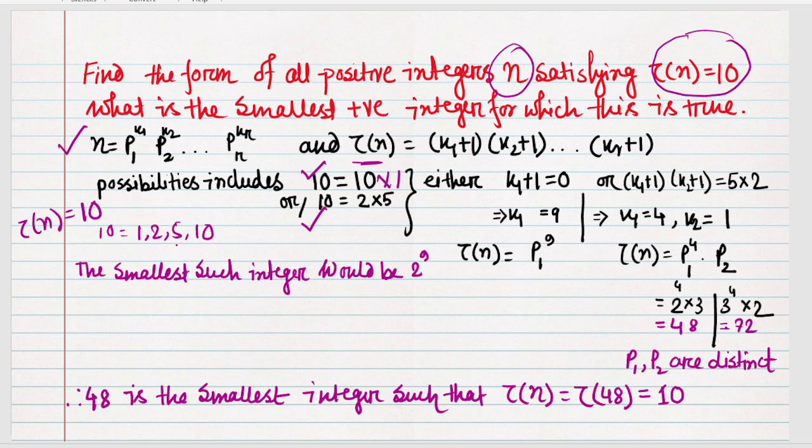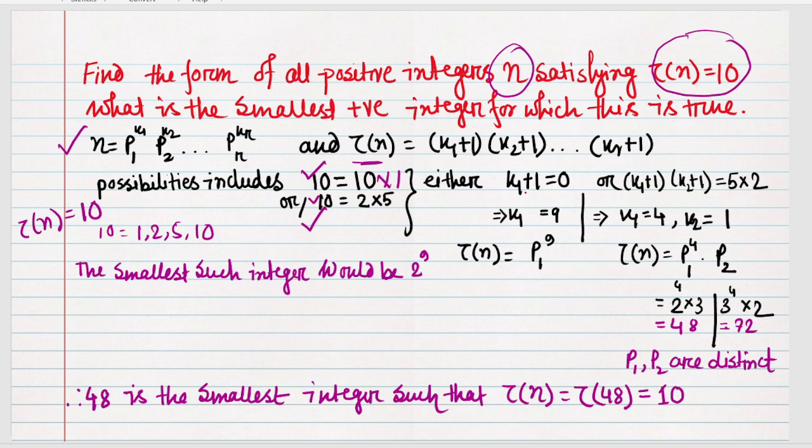So using these divisors, 10 has only two possible combinations for the prime exponents: 10 cross 1 and 2 cross 5. So either this one happens or this.